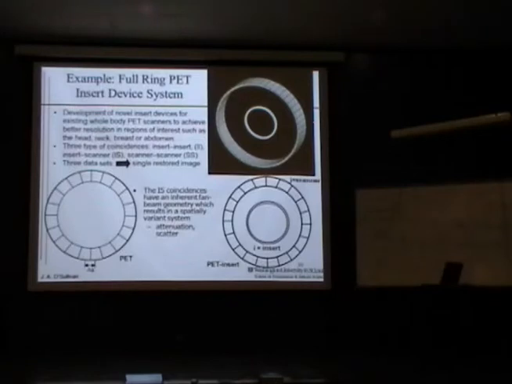So PET, positron emission tomography, as you might know, has been around for a while, and is a methodology that has detectors around in a ring.